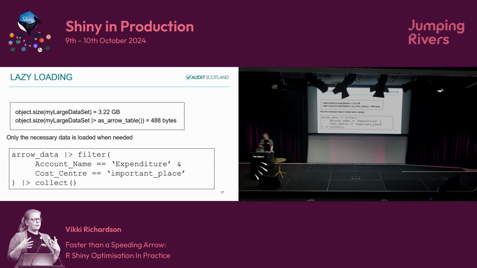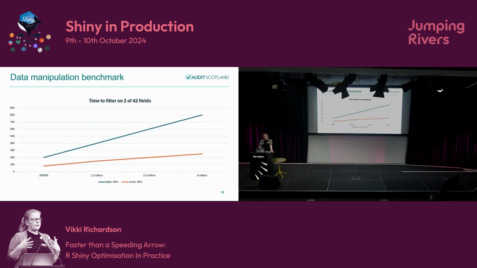So when I first started looking at this, loading the data in initially was a big bottleneck for Ask, but there were definitely areas where filtering and joining was also troublesome with the larger data sets. So this was all going to help. Benchmarking on some of those filter operations, and joining was similar, showed that arrow tables were much more responsive, and that all makes sense when you know what's going on under the hood.